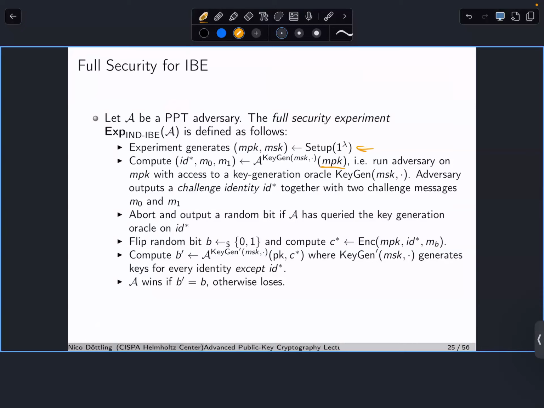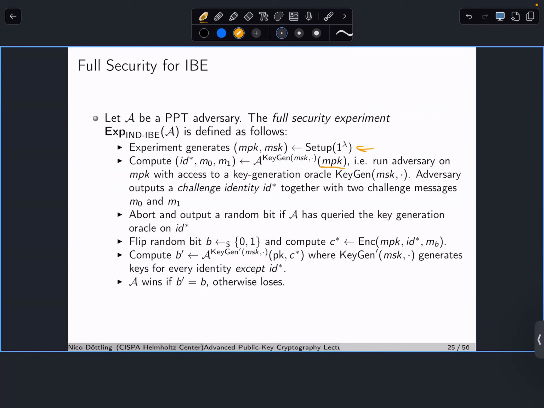Now, the important thing is he's only allowed to continue playing if the adversary has not queried the key generation oracle on the identity ID star. If so, he could trivially win the game. He knows SK ID star, and then distinguishing encryptions of M0 under ID star versus encryptions of M1 under ID star is trivial, right? He just decrypts. So he's only allowed to continue playing this game if he has not tried to cheat, right?